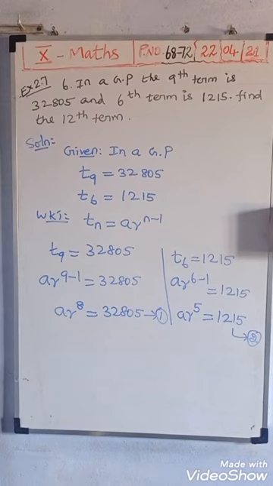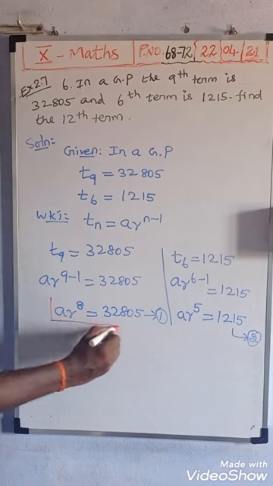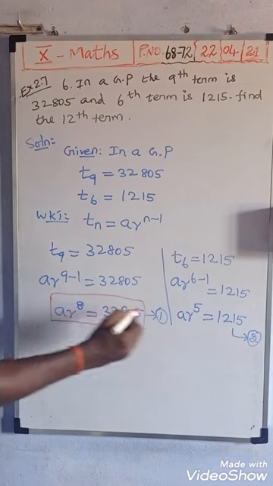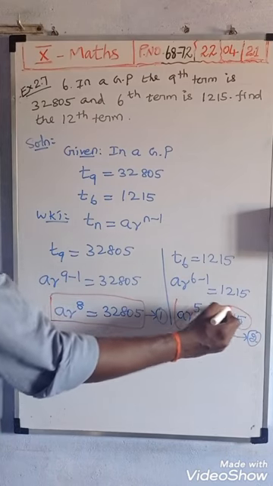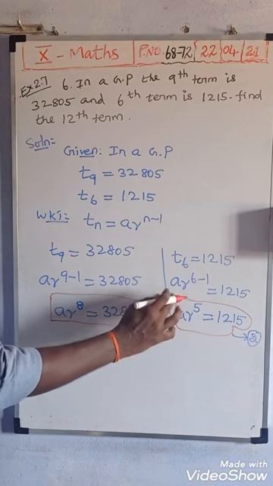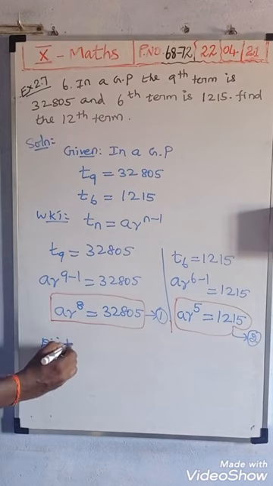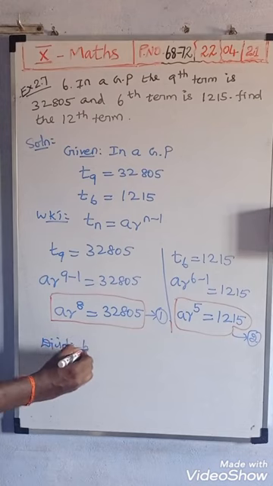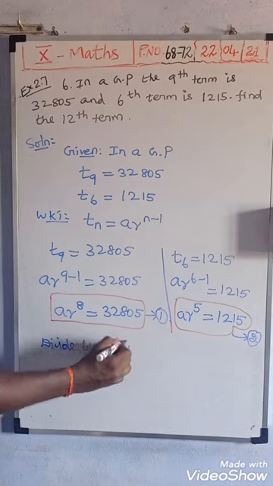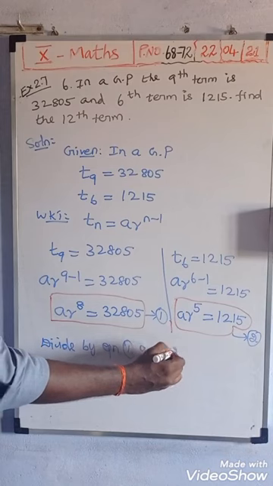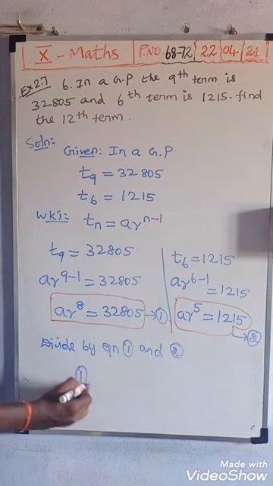Now, solving equations 1 and 2, we will receive the value of r, because a will cancel. So it means we want to divide equation 1 by equation 2.